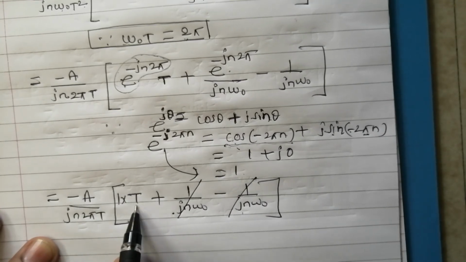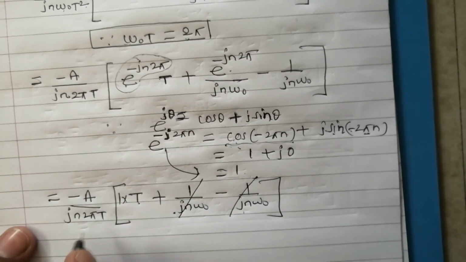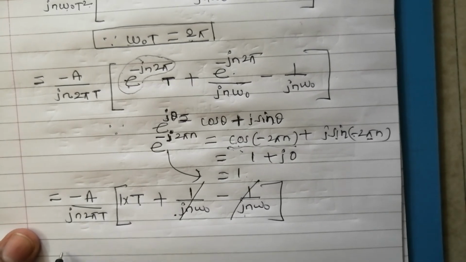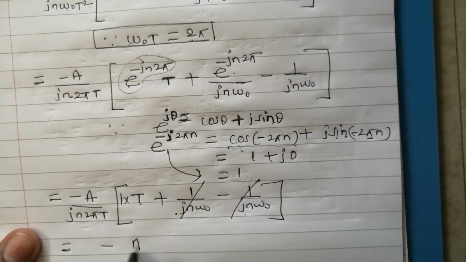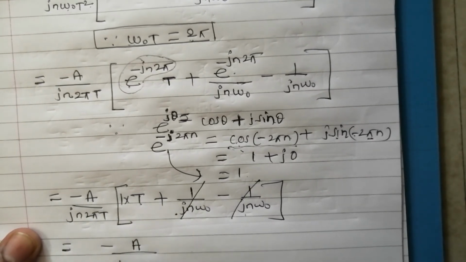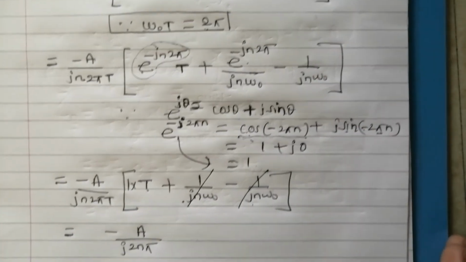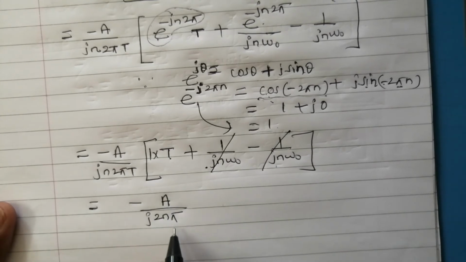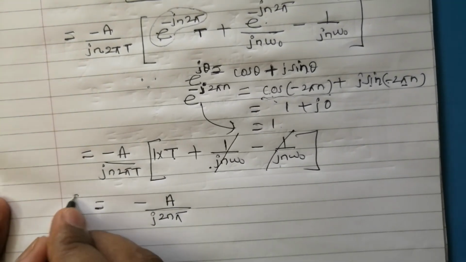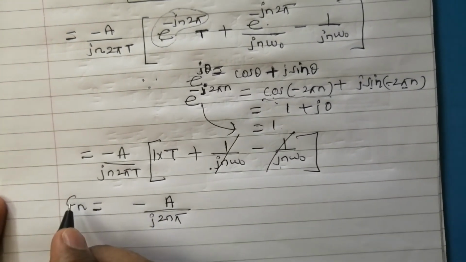What is left? T is left here. So this t and this t will be cancelled out, and the result will be minus A upon j 2n pi. So this is your Cn.